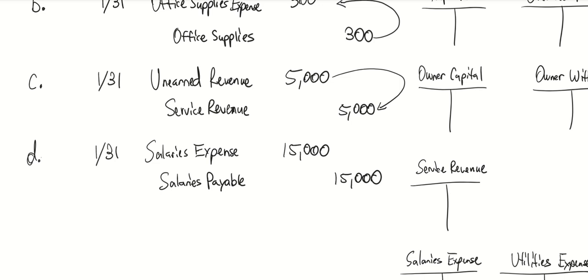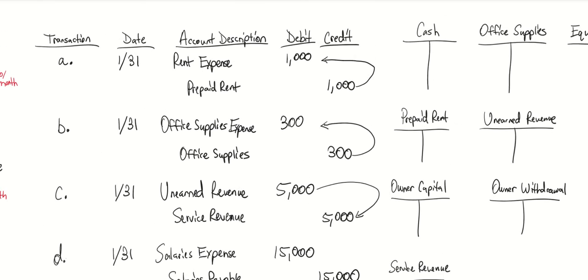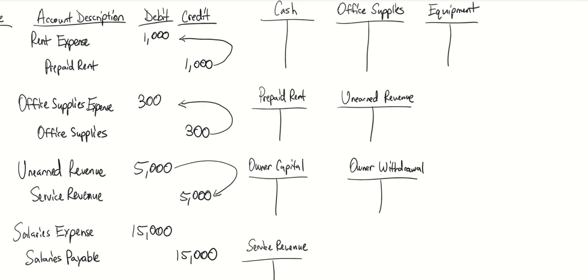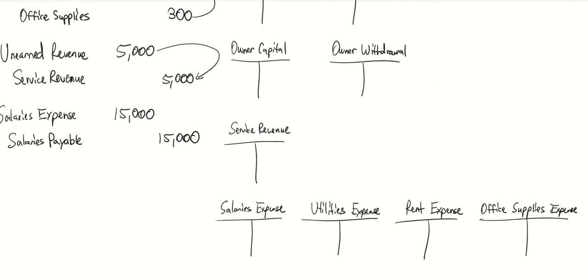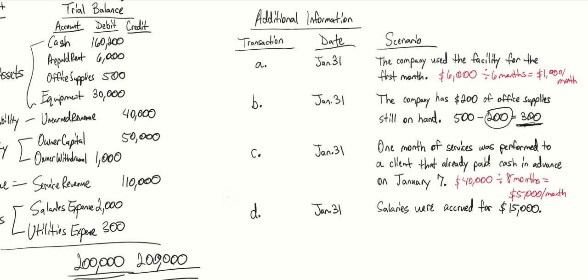All right. So I think I'm talking too much. Now what I'm going to do here is pretty much just update the T accounts. You notice that all of these T accounts are blank, so I'm just going to update them. I'm going to move the balances from the T accounts that were already prepared.